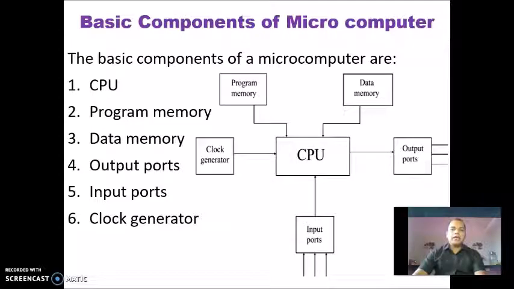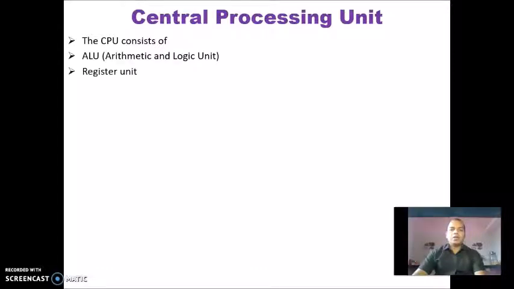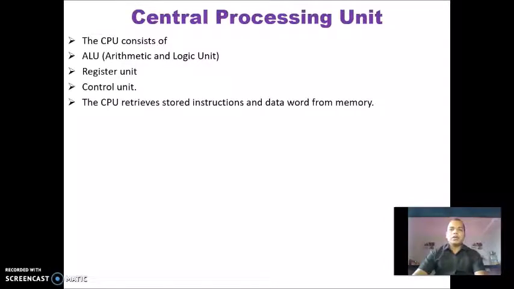In the slide, we can see block diagram of microcomputer. Then next, we will discuss first block, that is central processing unit. The CPU consists of ALU, arithmetic and logic unit, register unit, control unit.